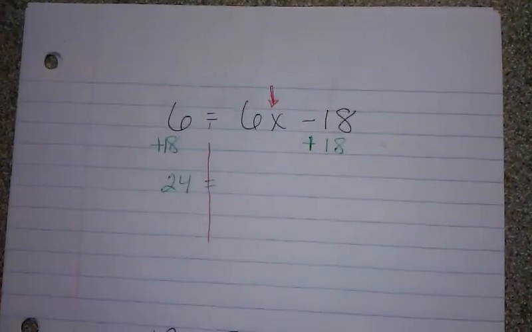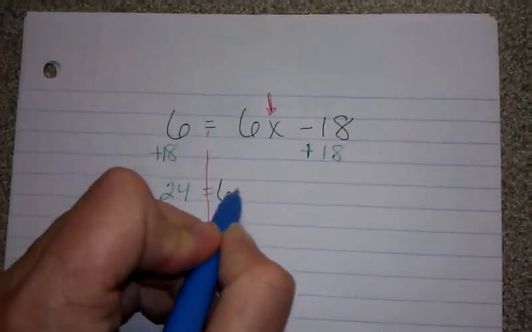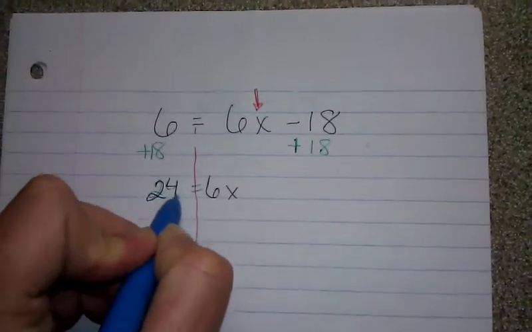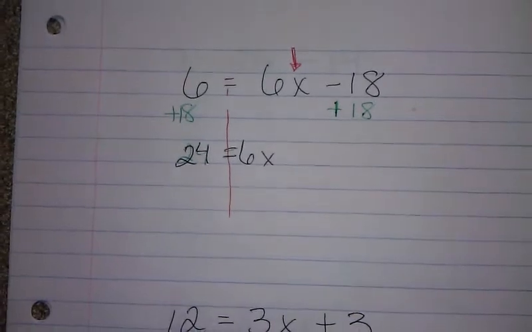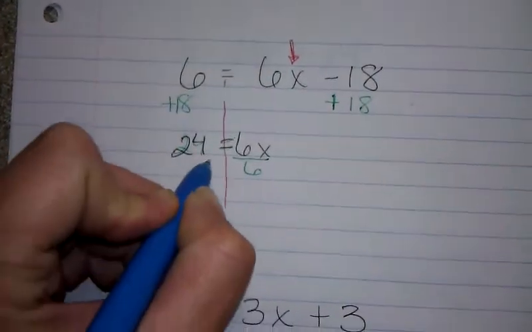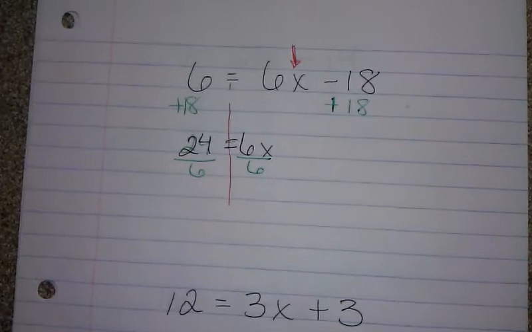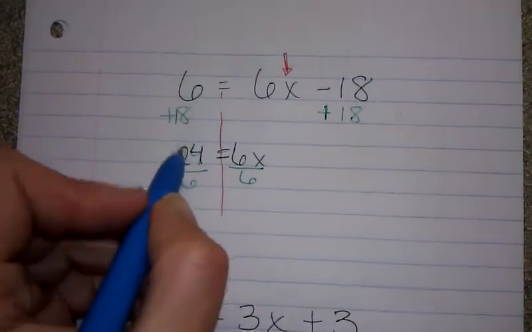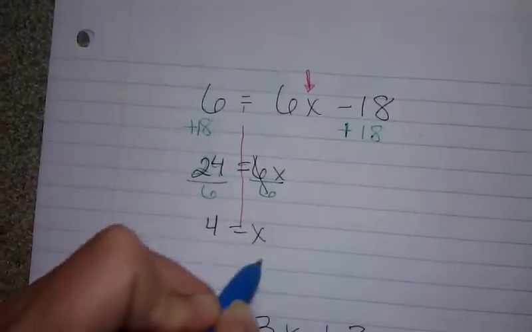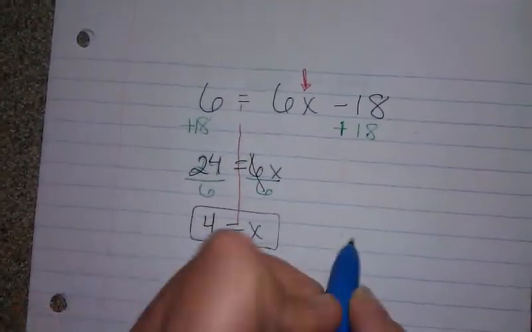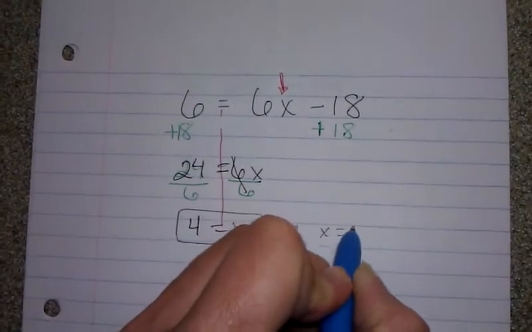That equals 6x. To get x by itself, it says 6 times x. The opposite of times is divide. So divide each side by 6. 24 divided by 6 is 4. That equals 1x. So you can either write it like this, or x equals 4.